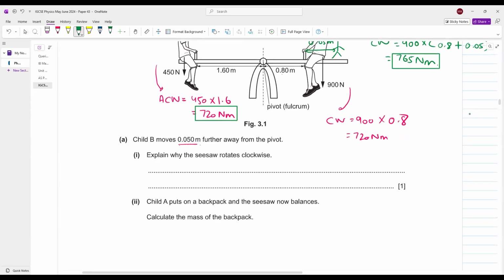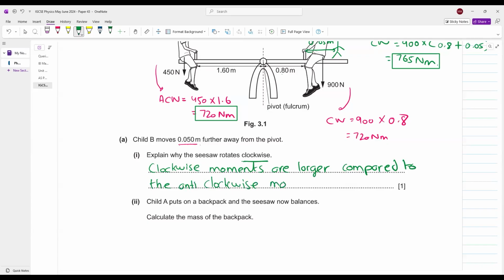Hence, the answer to part one, why the seesaw rotates clockwise: you will say the clockwise moments are larger compared to the anti-clockwise moments. Simple as that.